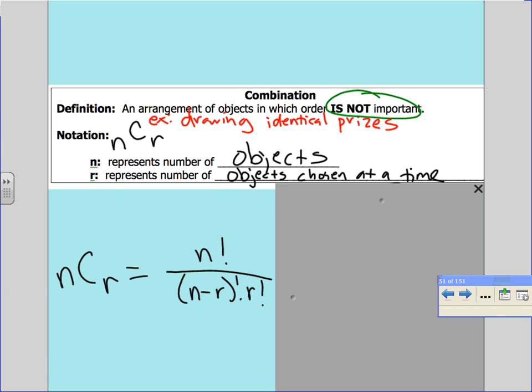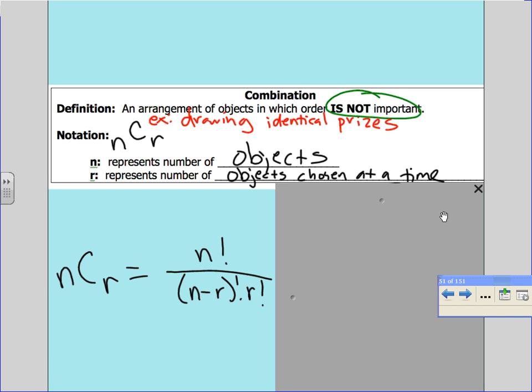So you have to divide by that r factorial, because order doesn't matter. You do not have to memorize this, okay? You may use it from the calculator part. The biggest thing you need to remember is that permutation order matters, combination it does not matter. I'm giving you the formulas because I know some of you are curious to see how it works with the calculator. You don't have to memorize that.